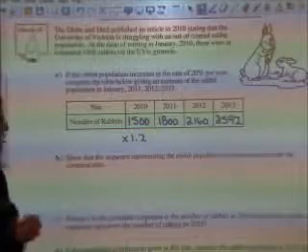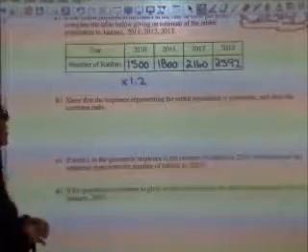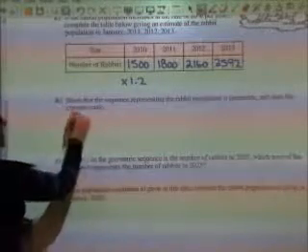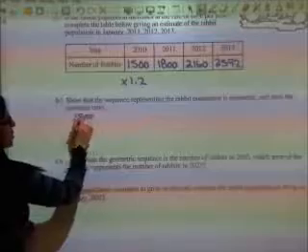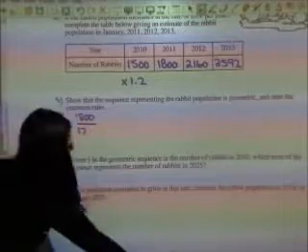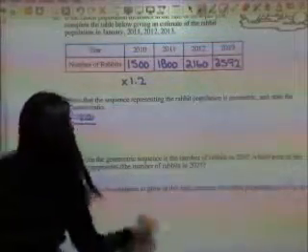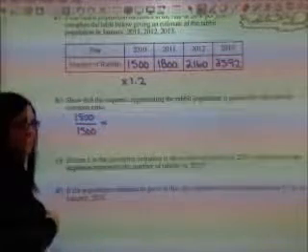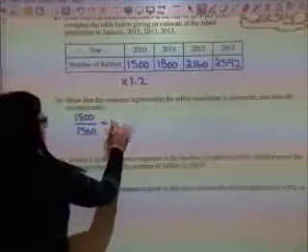dying off, natural selection. Show that the sequence representing the rabbit population is geometric and state what the common ratio is. To prove that it's geometric, you have to prove that if I take any two terms and divide them, 1,800 divided by 1,500 equals 1.2.